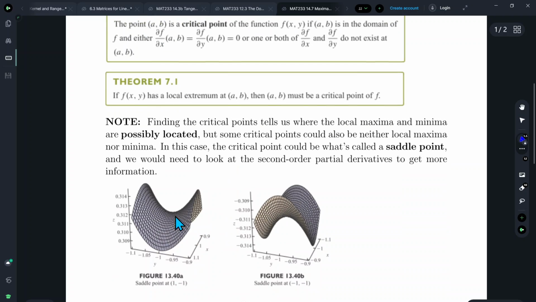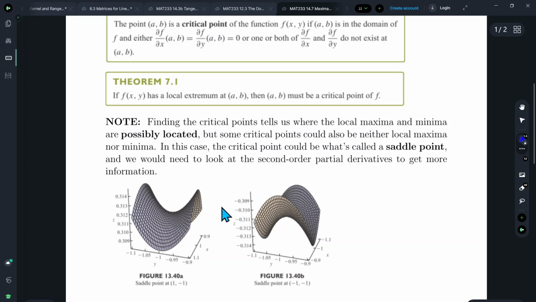Examples of a saddle point are given in these two diagrams. You can see that the shape looks like a saddle, where in one direction it's the bottom of a parabolic shape, and in this direction it's the top of a parabolic shape. So it's not really a minimum because in this direction you're going down further, and it's not a maximum because in this direction you're going up further.